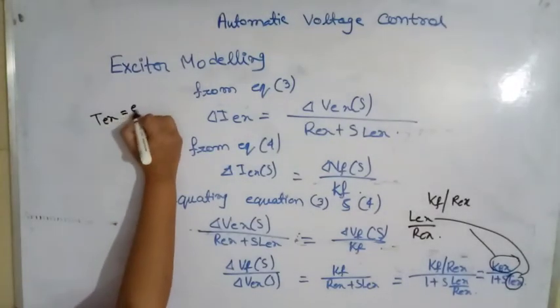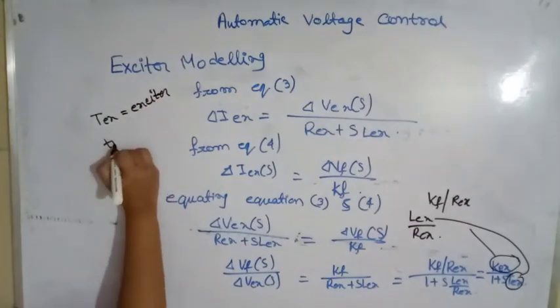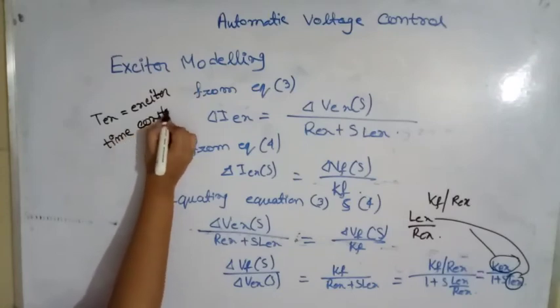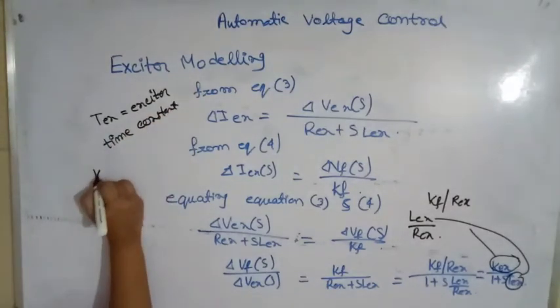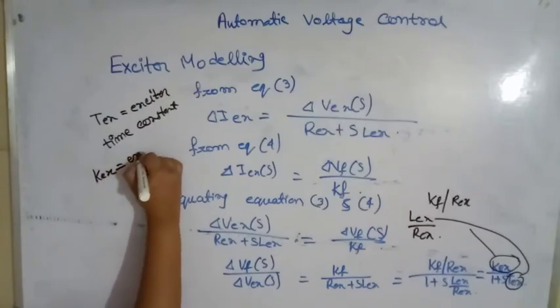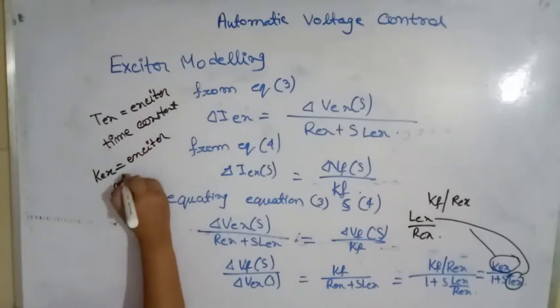Tex is the exciter time constant and Kex is the exciter gain.